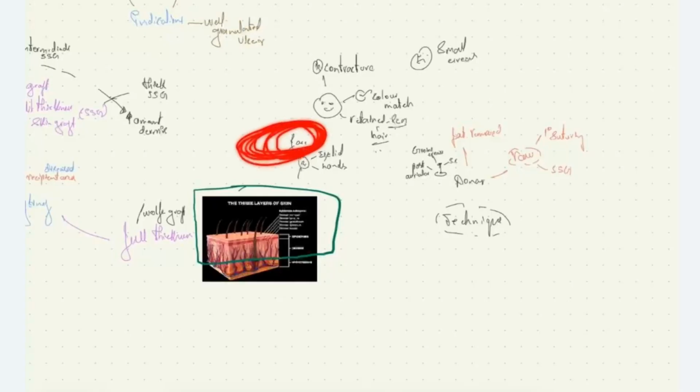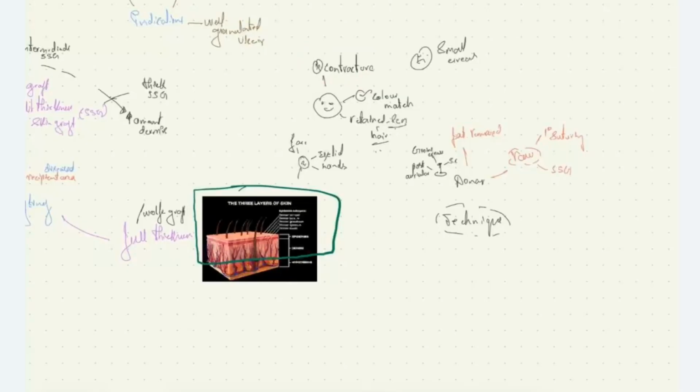Also in the eyelid, we can't have contractures because if the eyelid undergoes contracture, it may lead to entropion. Following that, there can be epiphora. In the hands also, we can't afford contracture because we need skillful movement. Because of these reasons, we do full thickness grafting in the face, eyelids, and hands, because the chances of developing contracture are less compared to partial thickness skin grafting.